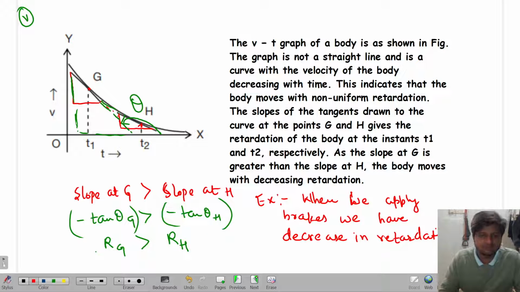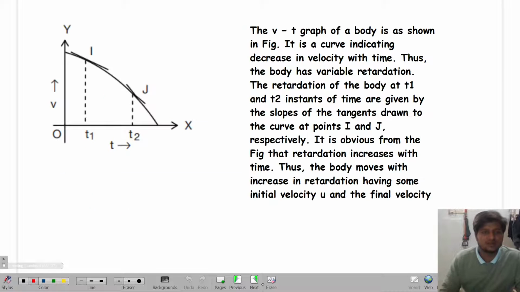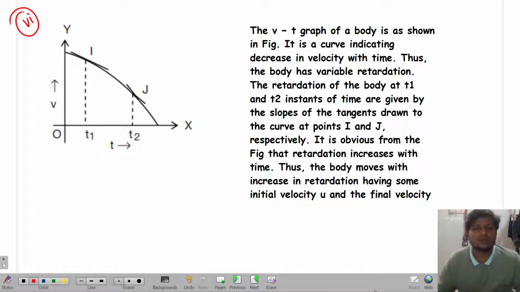Okay, so the next case we are going to study. Try to understand, it is just the opposite of this, the fifth case, sixth case. Now this is a totally different thing. Now try to evaluate this, try to manipulate this. What is the meaning of this graph?